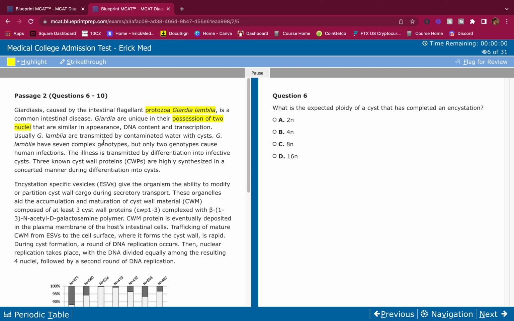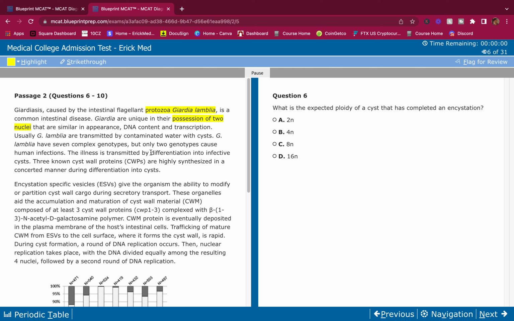Usually, G. lamblia are transmitted by contaminated water with cysts. G. lamblia have 7 complex genotypes, but only 2 genotypes cause human infections. The illness is transmitted by differentiation into infective cysts. 3 known cyst wall proteins are highly synthesized in a concerted manner during differentiation into cysts.